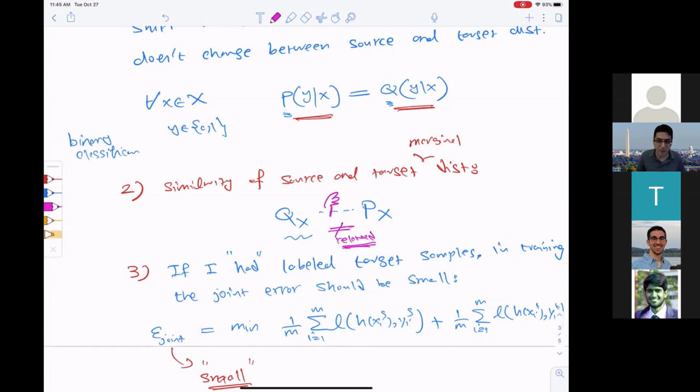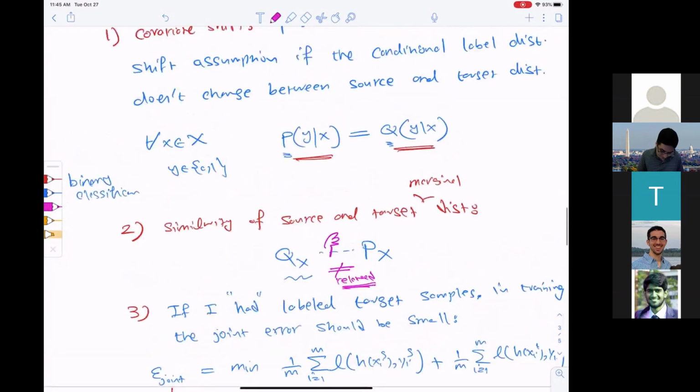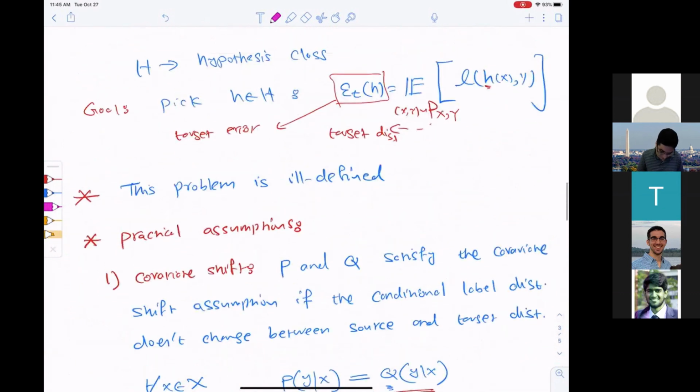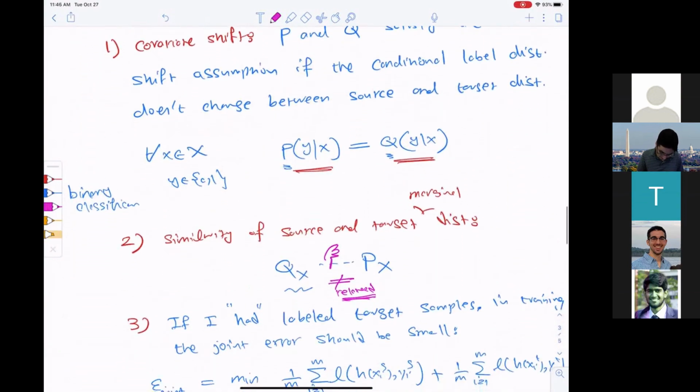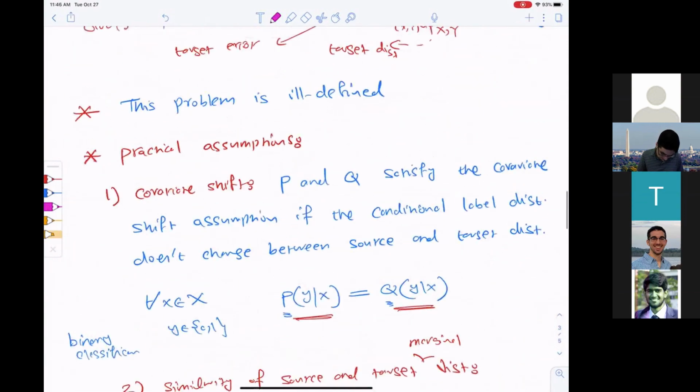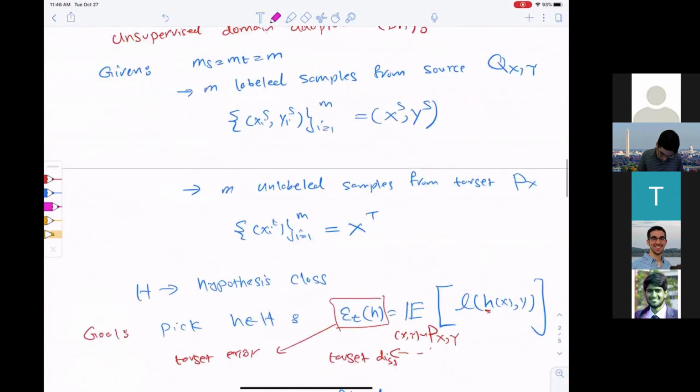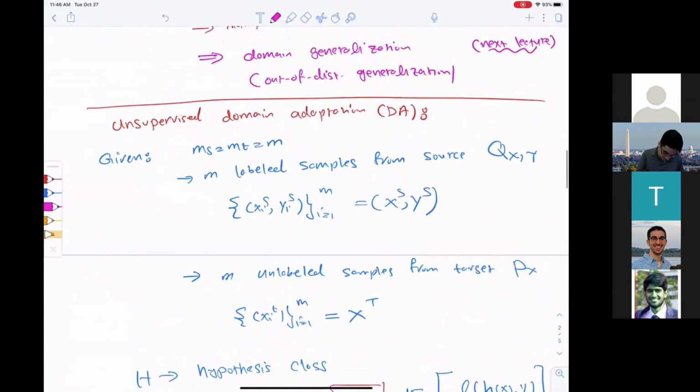Okay, it should be MS and MT in the joint error. You are right. For simplicity, I'm just using M for the whole thing. I'm going to use M for the number of source samples and the number of target samples, because I don't want to carry these MS and MT in my notation.